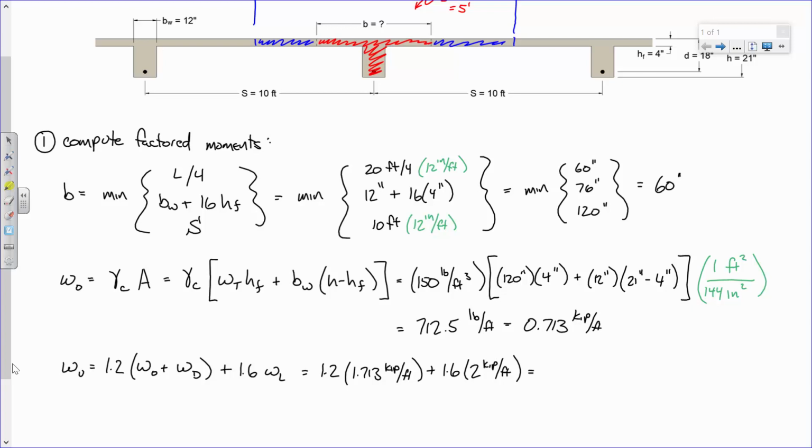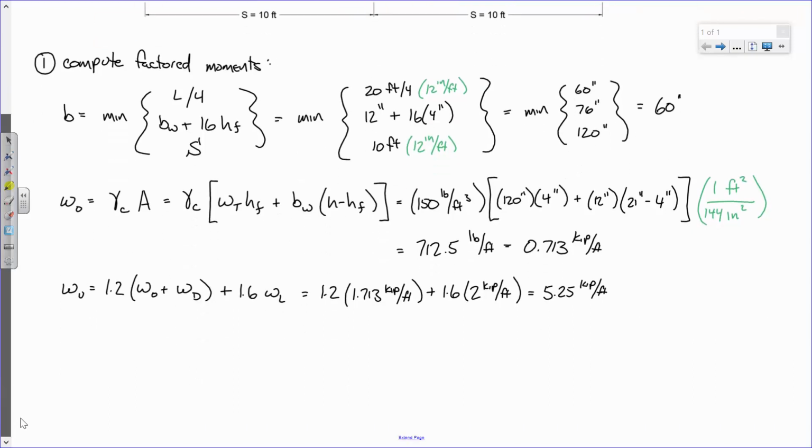5.2 what? And what do we then do with that? And what do I do? There we go. It's a simply supported beam with a uniformly distributed load.